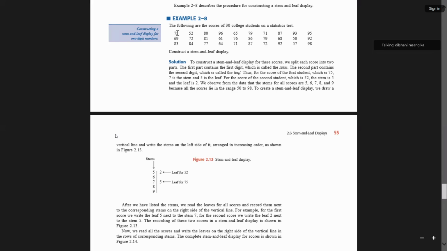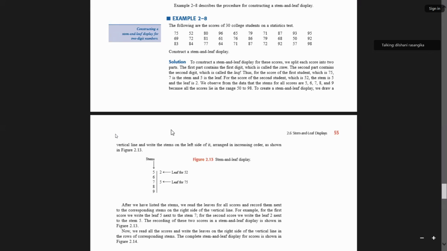So in such situations, we can separate these values by how many tens and how many ones. We can take the tens place as the stem and the ones place as the leaves, because there are some 70 values, right? 75, 72, 77, like this.